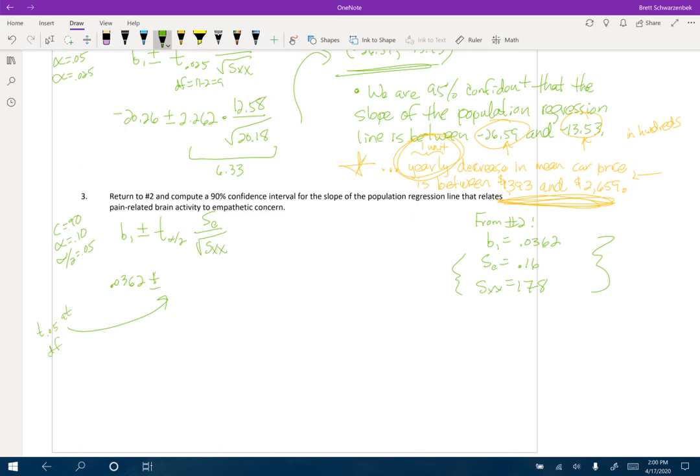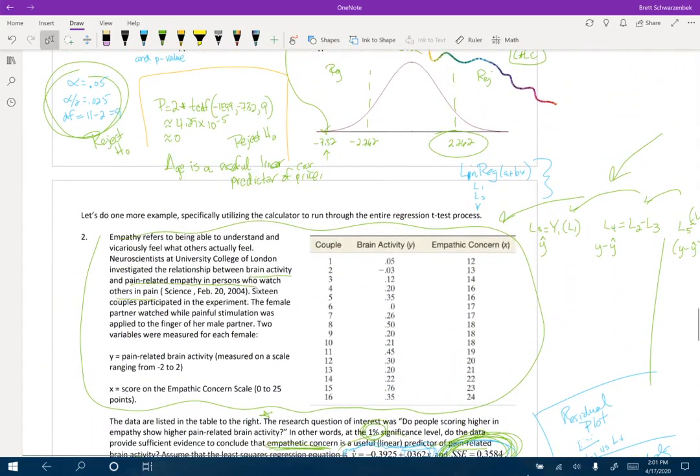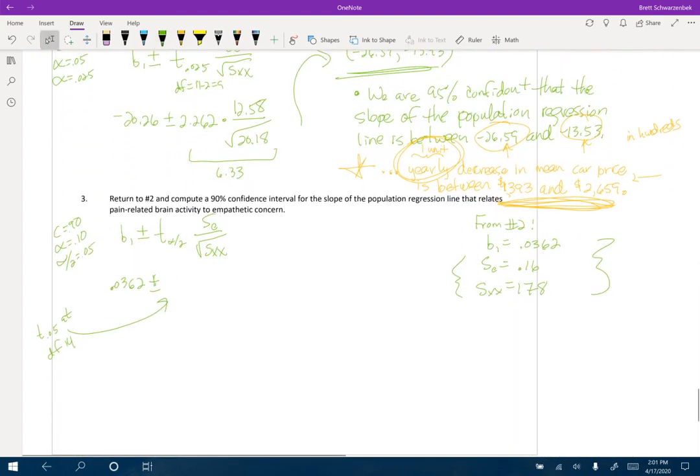Remember, there were 16 couples, so 16 minus 2 is 14. If you look that up in your T-chart, you're going to get 1.761. Always verify to make sure. Then 0.16 SE over the square root of 178, Sxx, and this is going to end up being 0.0211. And we'll get an interval of 0.0151 and 0.0573.